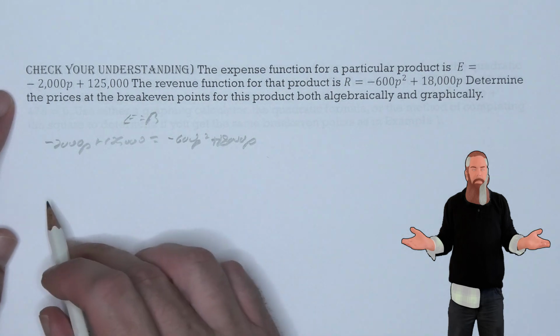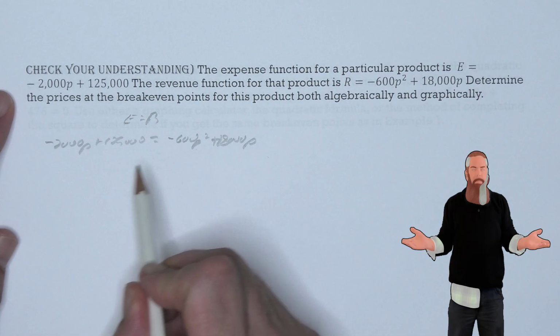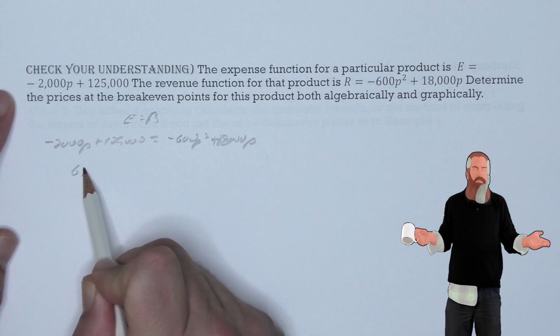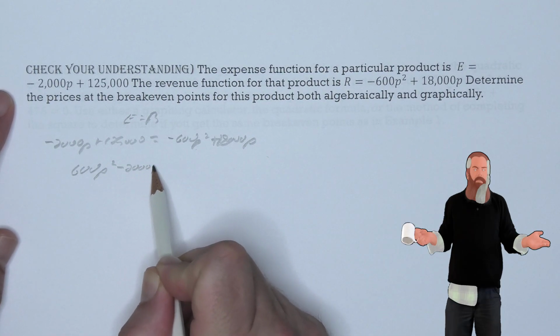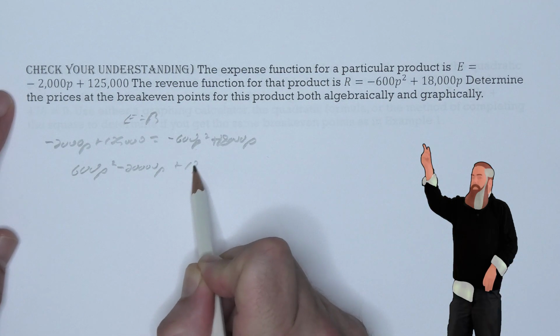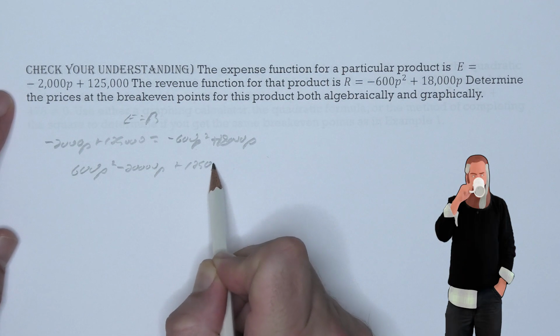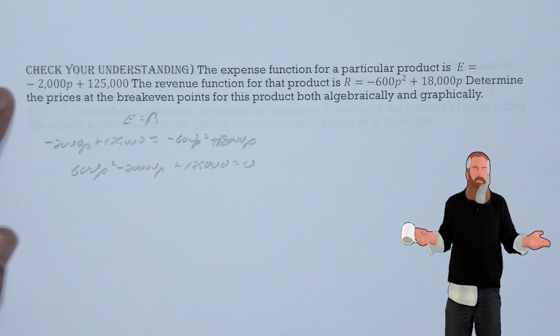I'm going to move everything to one side, making sure that my p squared is positive, so that I get 600p squared minus 20,000p plus 125,000, and this is equal to 0.